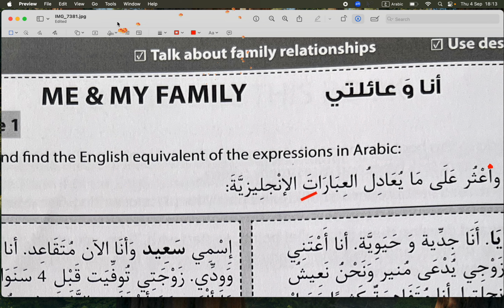Now you're probably wondering where the word my is. Well, that's represented here as the ya, and that means my. And a'ila is family. So my family.